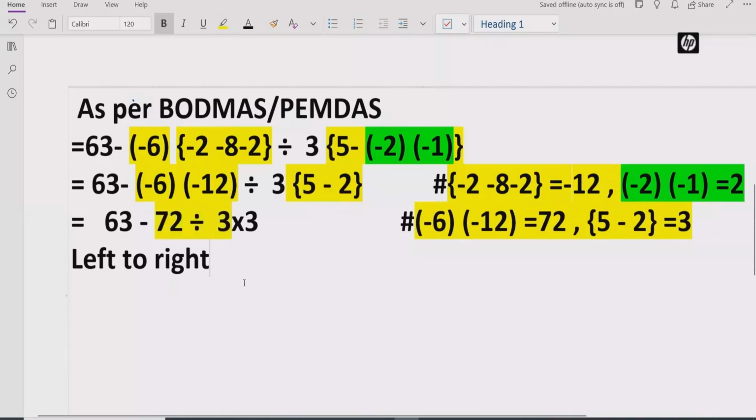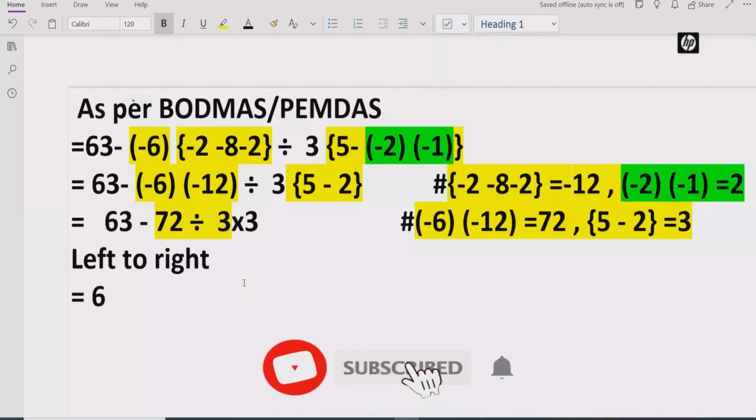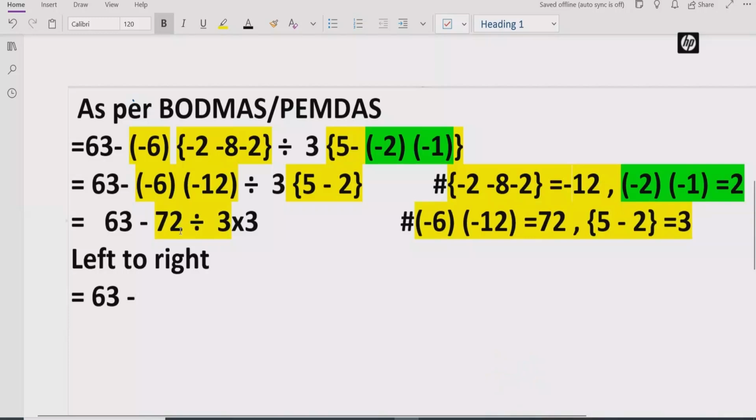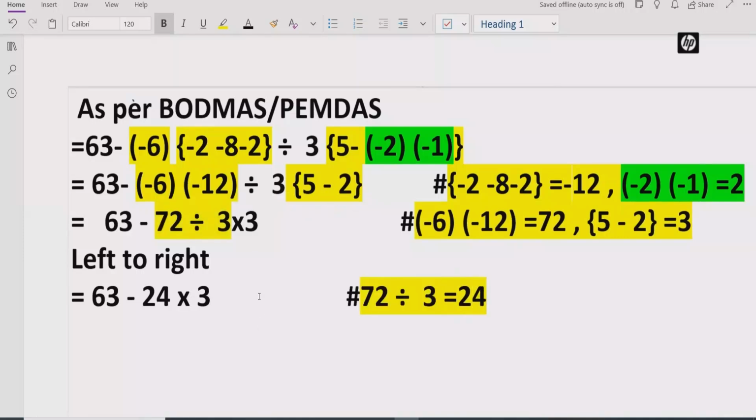So first we will divide this one. We will write 63 minus 72 divided by 3, and then multiplied by 3. Here we give the reference: 72 divided by 3 equals 24.